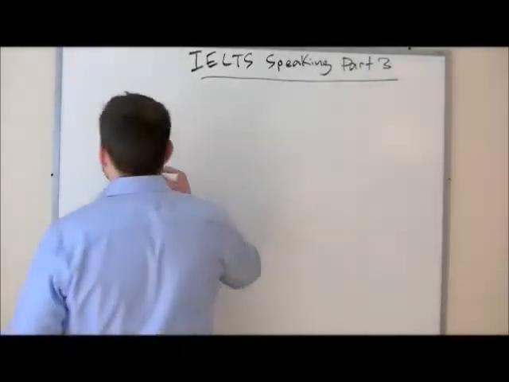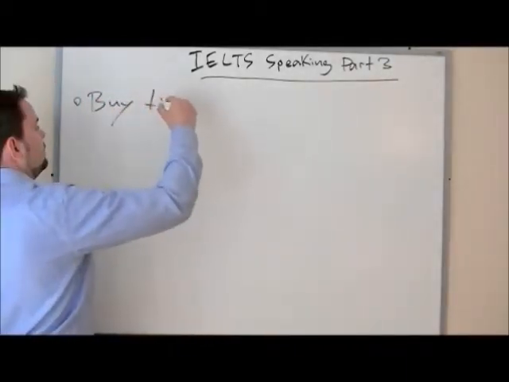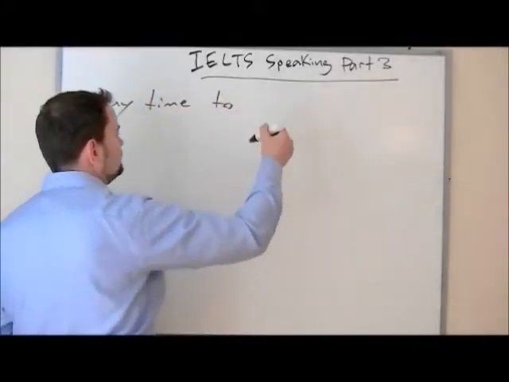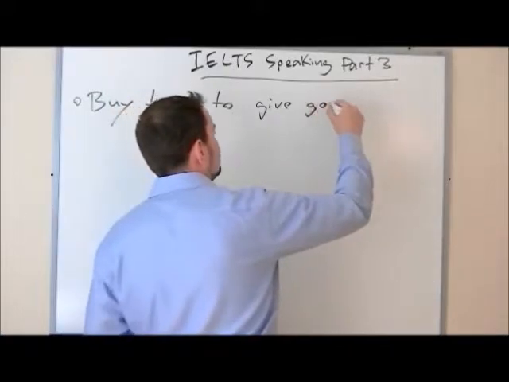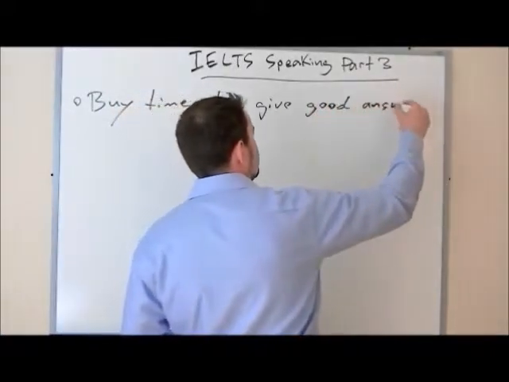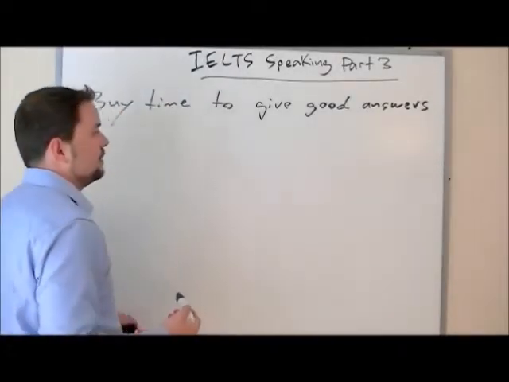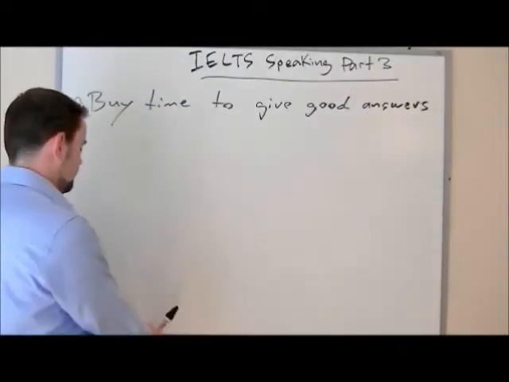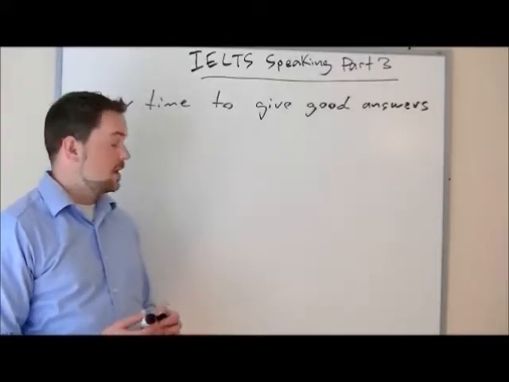So for Part 3, buy time to give good answers. Now, there are a couple of different ways that you can get some time to help you with the answers.